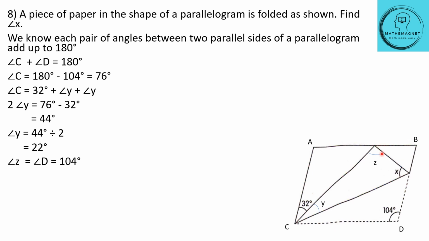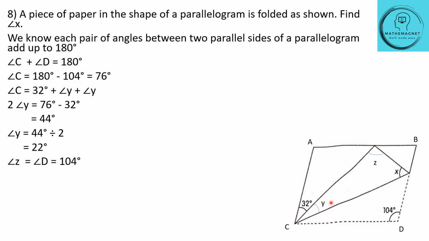Now before this paper was folded, if you open this point to bring it to D, you will find angle D is same as angle Z, right? It is the same point that you have folded up. So D is equal to angle Z equal to 104. Now we will consider the triangle X, Y and Z. Now we know the Z value is 104.